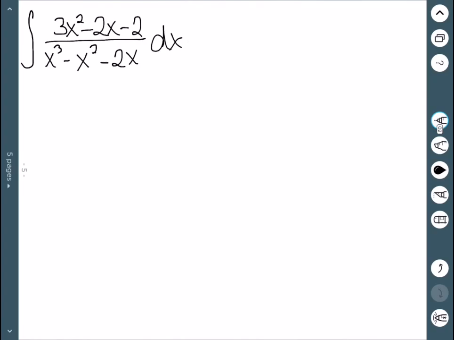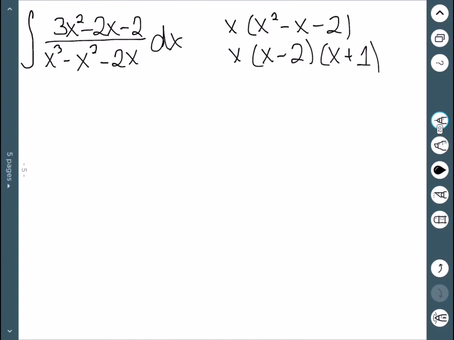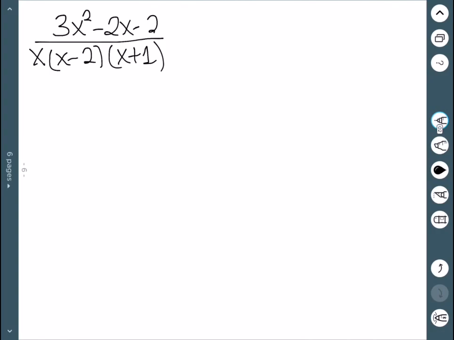Here we have another example. When I try to factor the denominator, I can start by pulling out an x, and then we can factor into x minus 2 times x plus 1. And we can now set up our partial fraction decomposition. Each term on the left should get its own term on the right. So I have a over x, b over x minus 2, and c over x plus 1.